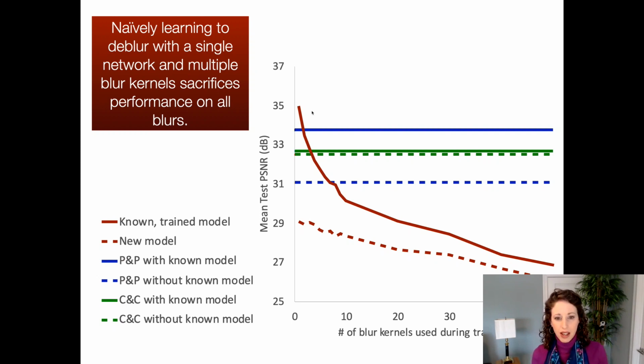We can see that when that library of blur kernels is very small and has the right blur kernel, this method can work okay. But as we increase the size of the library, things get worse and worse relative to what we can achieve with model adaptation, both when we do and do not know the forward model A1 in advance.